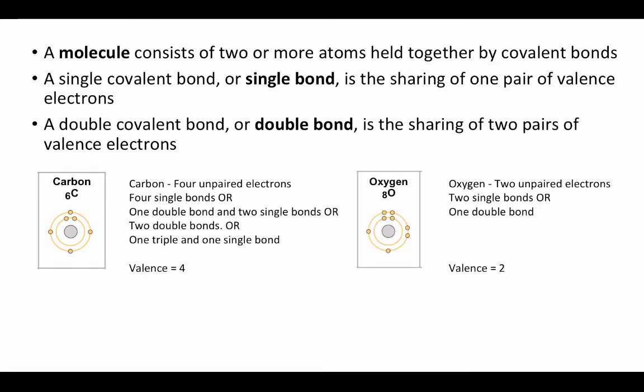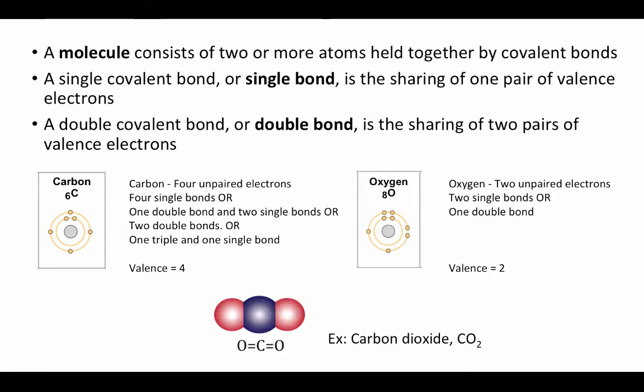Another example, if we look at oxygen, we can see that it's got 2 pairs of electrons in its valence shell and then 2 unpaired electrons. So oxygen can make 2 single bonds or 1 double bond. So we say that oxygen has a valence of 2. It can make a total of 2 bonds.